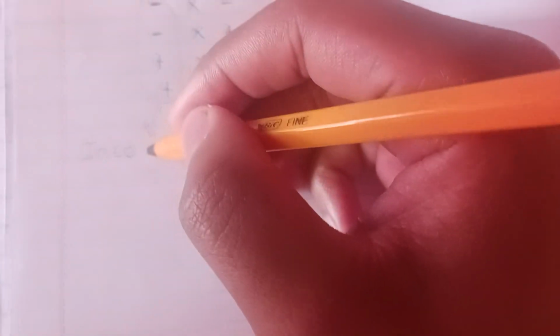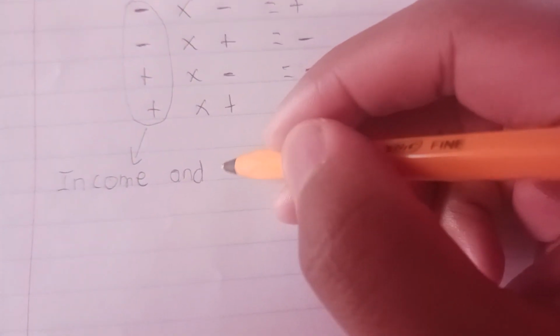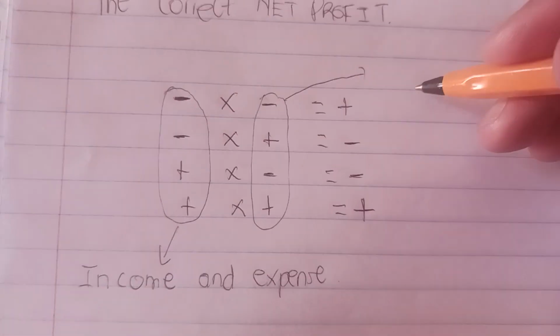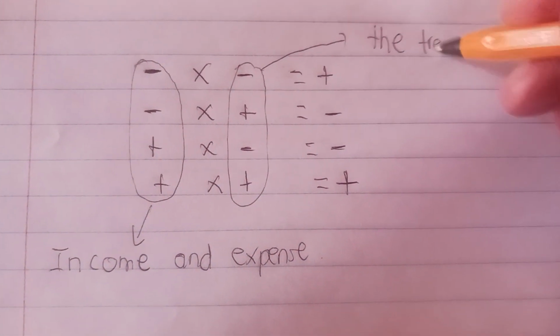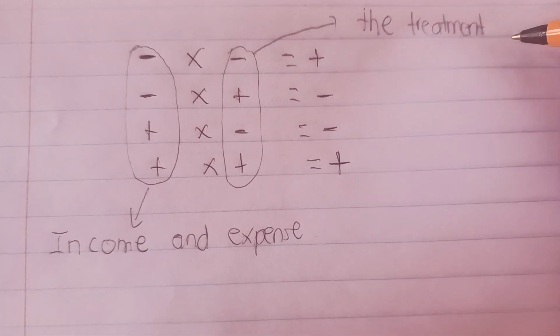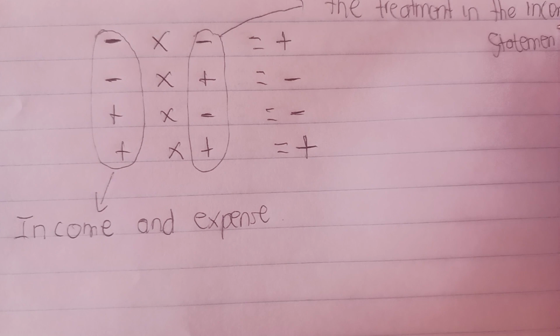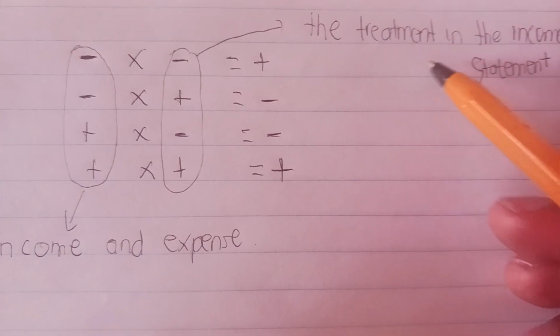So this is the side where you're going to have your income and expenses. And this side would be the treatment in the income statement, right?